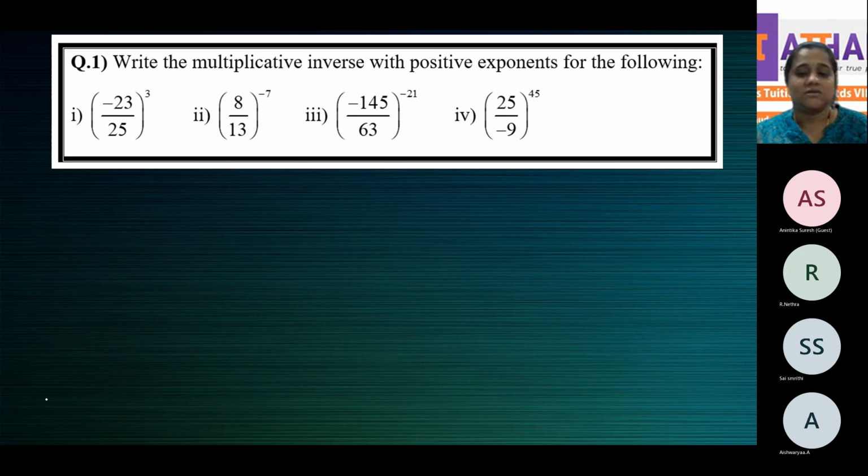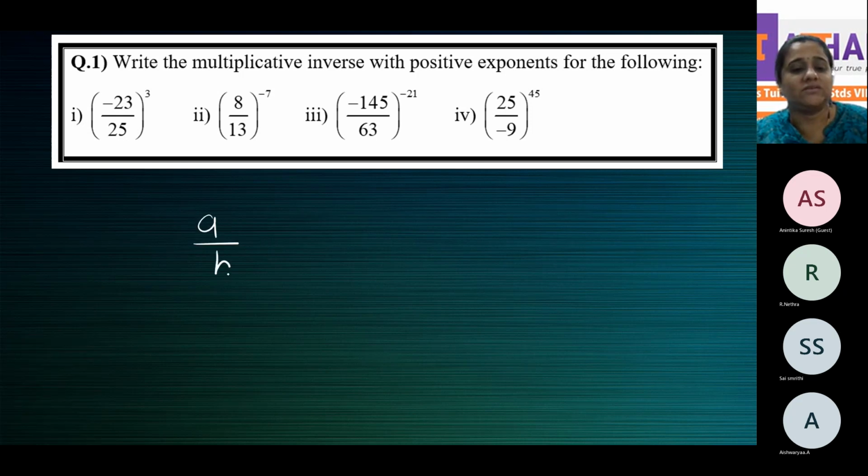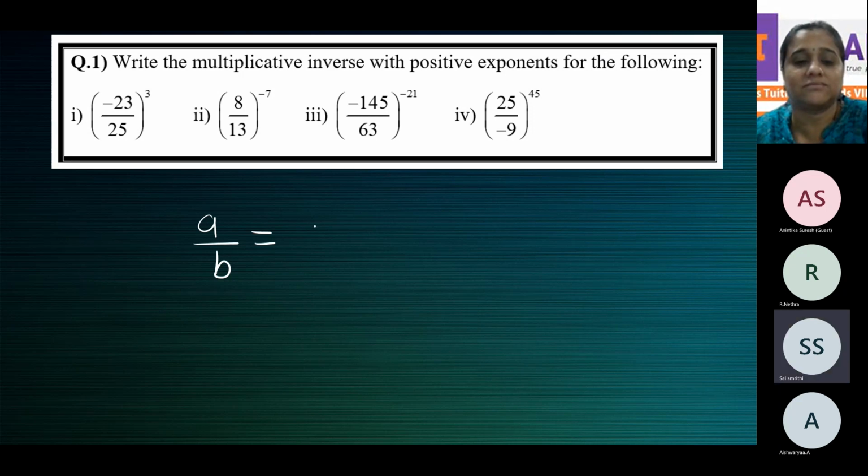Okay, here Aishwarya Shri, what's the other way of writing this? 8 to the power minus 8. What's the other way of writing this? You probably get it, but you're not expressing it correctly. Yes, Aishmati? Ma'am, is it a by b?